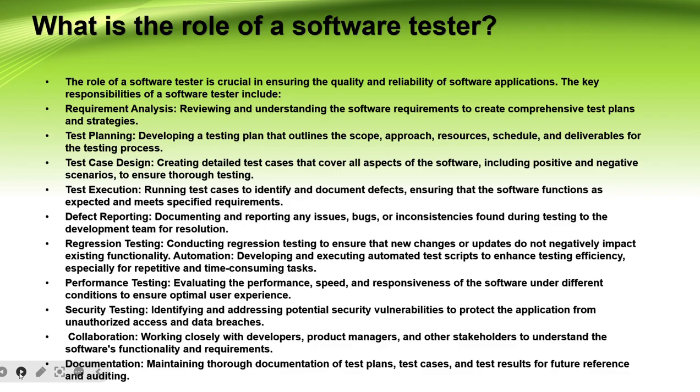So, what is the test execution? We are designing the test cases, then we are executing the test cases. So, running test cases to identify and document defects, ensuring that the software functions as expected and meets specified requirements. So, here we execute the test cases and identify the defects.